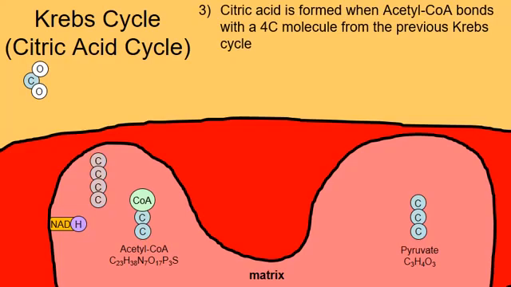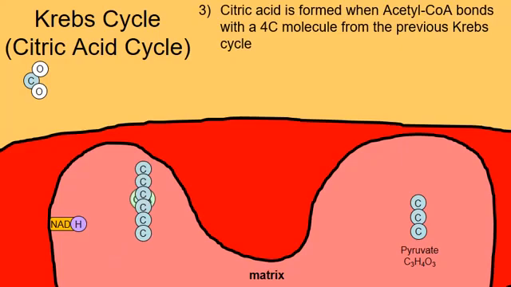I hope you'll understand why it's flashing when we get to the end. I wanted to do something for you to remember this 4-carbon molecule from the previous Krebs cycle. So an enzyme will bond that 4-carbon molecule to the acetyl-CoA, and the coenzyme A breaks away. And what you're left with is citric acid, a 6-carbon molecule.